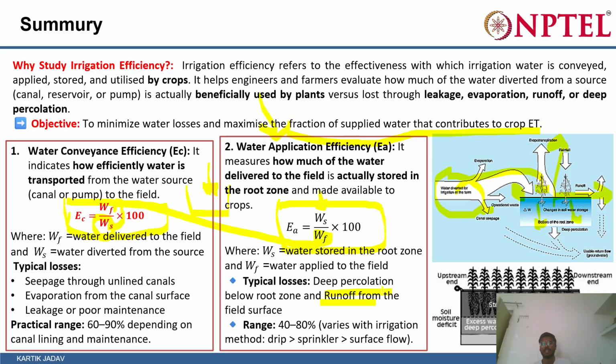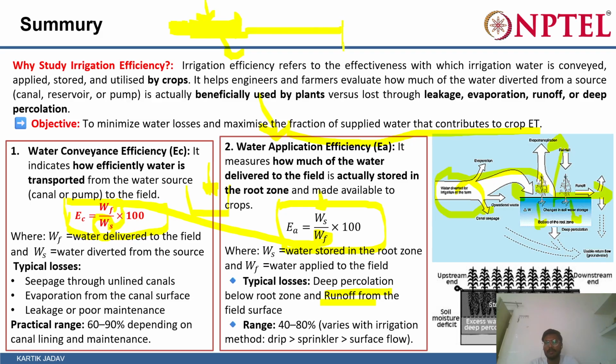For example, among different irrigation systems, drip irrigation has the highest water application efficiency compared to sprinkler and surface methods like furrow irrigation or check basin irrigation. Why is it like that? Because whenever you are applying water through a drip irrigation system, you are applying it through a pipe network, so you reduce the loss from evaporation and deep percolation.